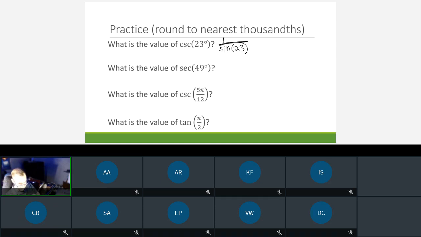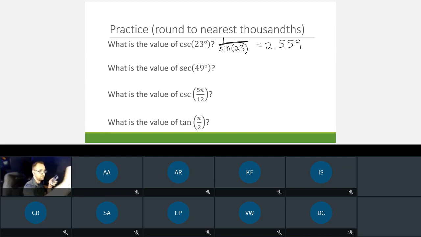And I see in chat people have 2.559. That is correct. It does say round to the nearest thousandths. That is 3 decimal places. So that answer is 2.559. That is correct.